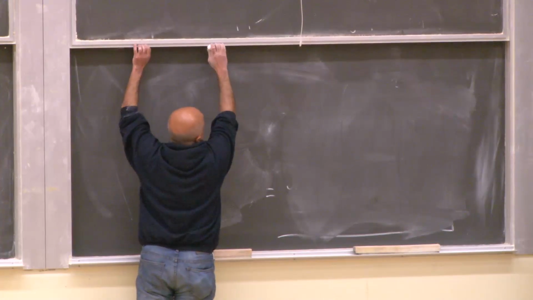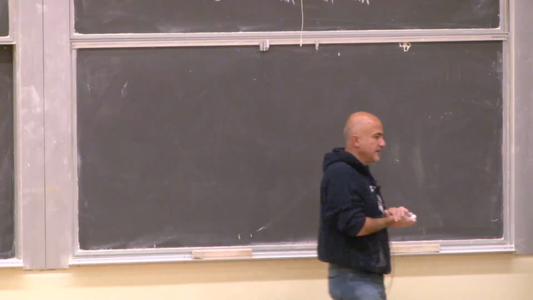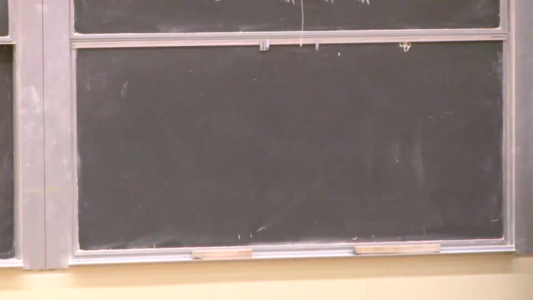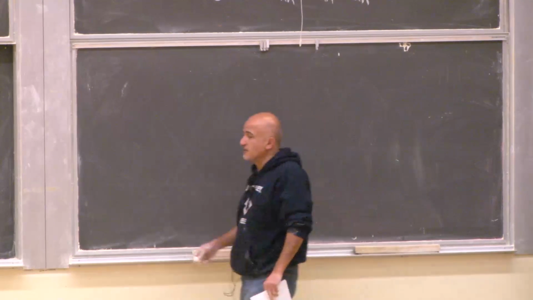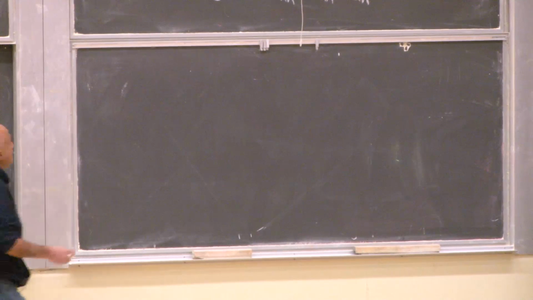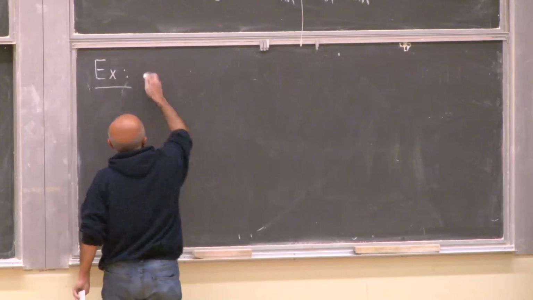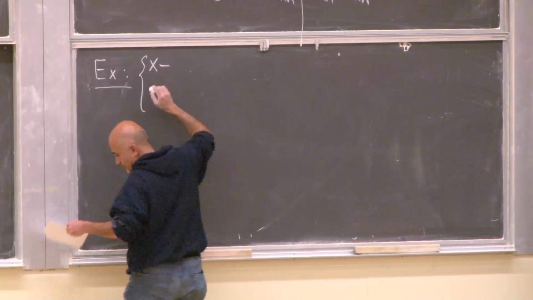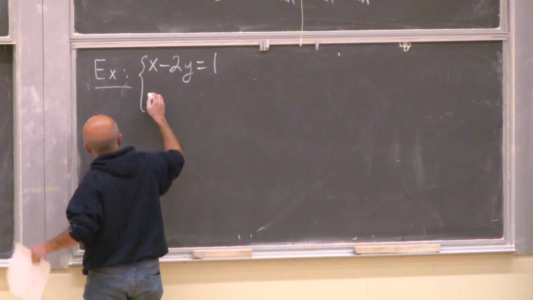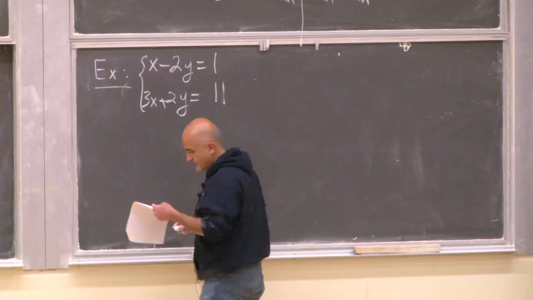But more interesting things happen when we bring matrices and vectors together to model in shorthand some of the stuff that we've been talking about. For example, let's look at our original example of two equations and two unknowns, x minus 2y equals 1, and 3x plus 2y equals 11.